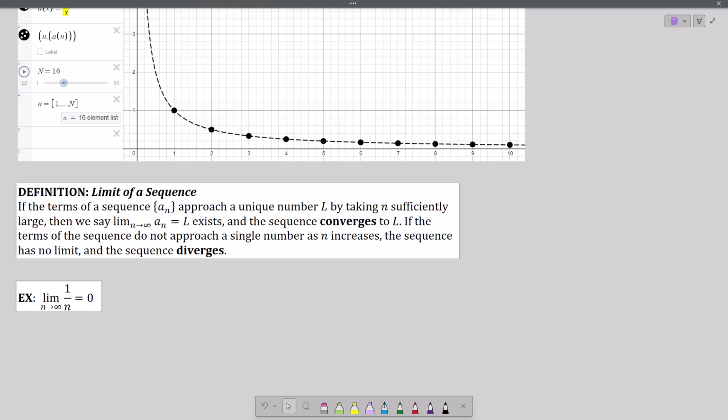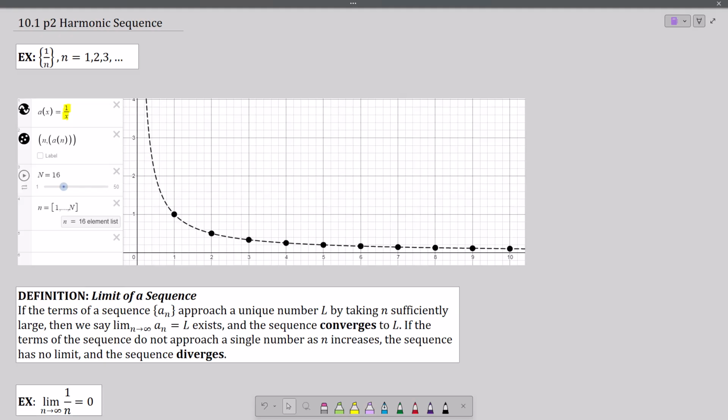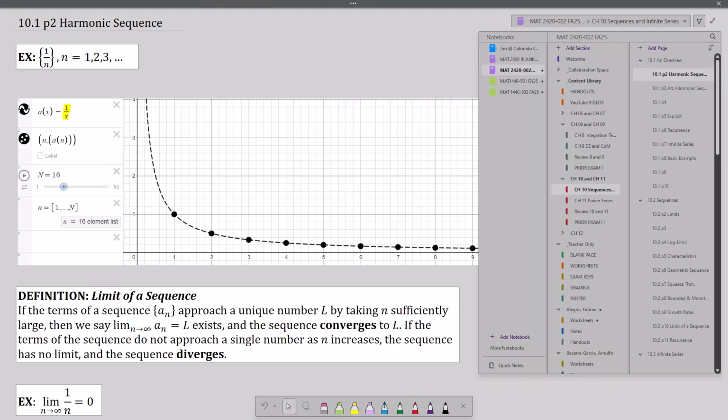When we think about a sequence or a function that has a limit that doesn't exist, we generally think of going off to infinity, maybe an asymptote, or some sort of oscillation like sine of x. In this case, our harmonic sequence converges to 0. The terms are getting arbitrarily close to 0.